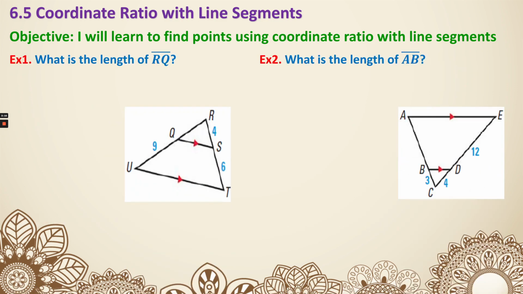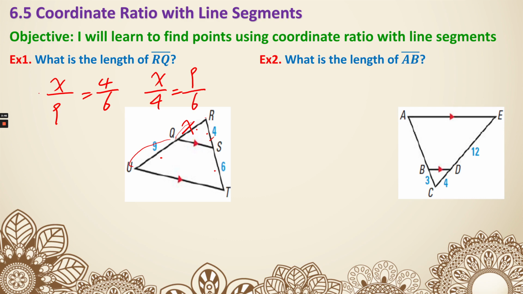Now let's get to the two examples. These are just two quick examples to review the proportionality theorem. Let's say that is your x, which is RQ. If you stay on the same side, x over 9 is the same as 4 over 6. Or you can do left over right, so x over 4 is the same as 9 over 6.